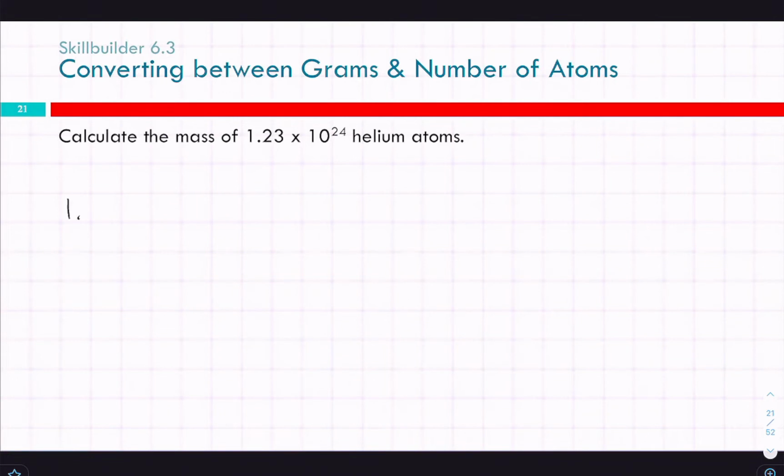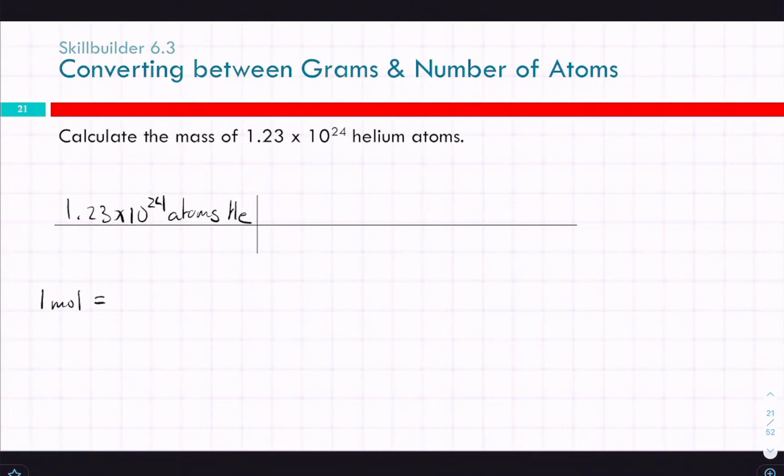So starting with 1.23 times 10 to the 24 atoms of helium, our conversion factor from atoms to moles. 1 mole on top is for the molar mass, so that's moles to grams.